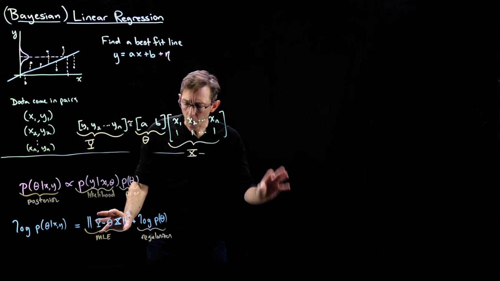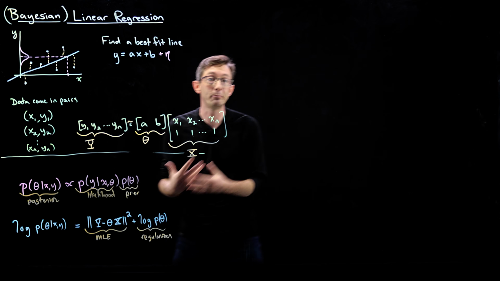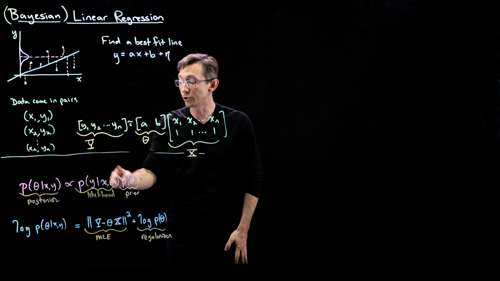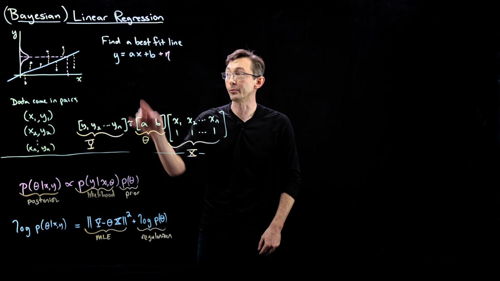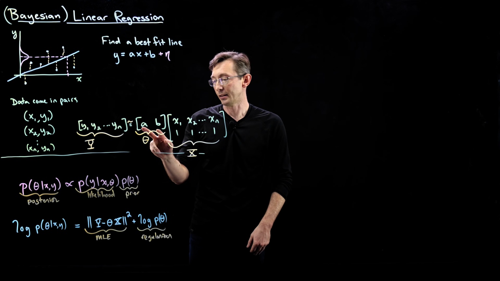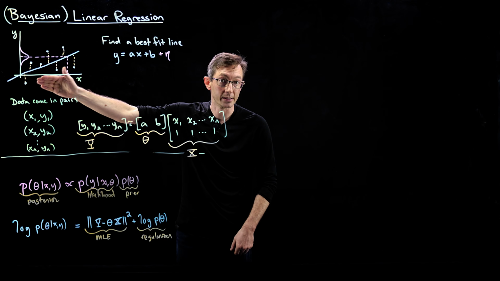And we also showed that if you have prior information, if you have this kind of Bayesian perspective, that you don't just know the likelihood function, but you also have some prior information on those parameters theta. Theta here is a container that contains the slope and the intercept of the line we're trying to solve for.